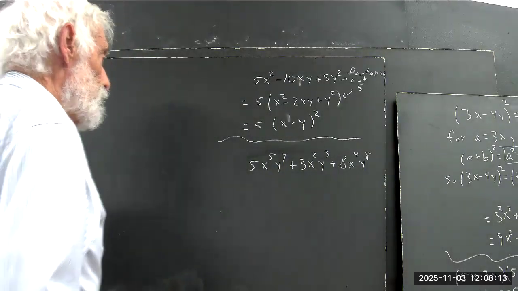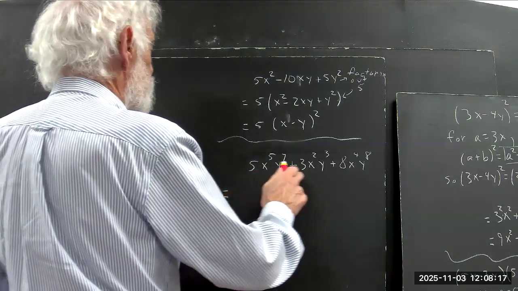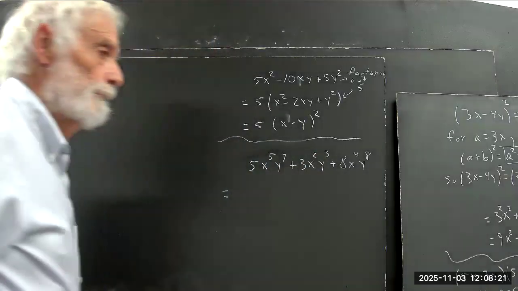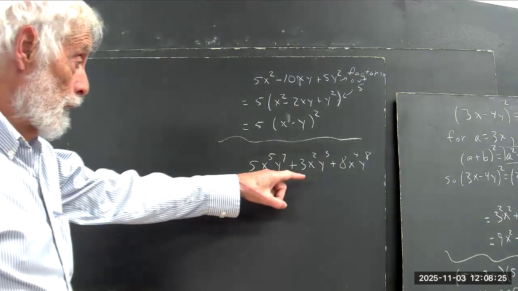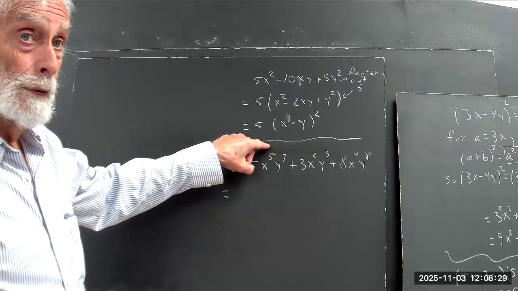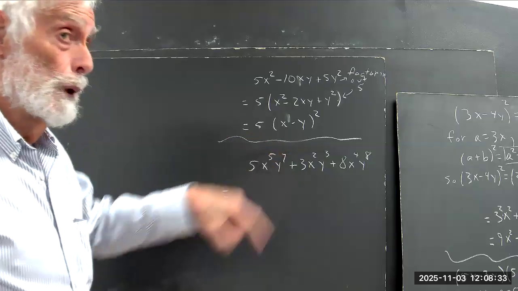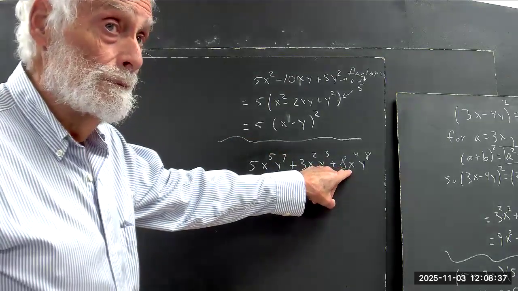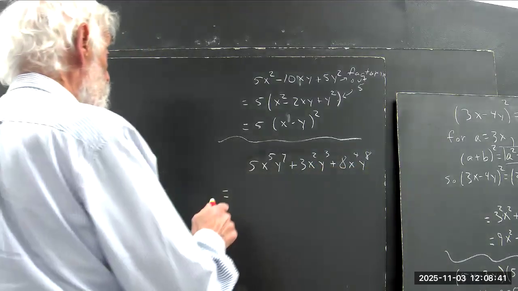But one thing we can see is that every term here contains x squared y cubed. In other words, there's an x squared in this one because there's an x to the 5th, right? And there's a y cubed in this one because you have a y to the 7th. And you've got an x squared in this one, and you've got a y cubed in this one.